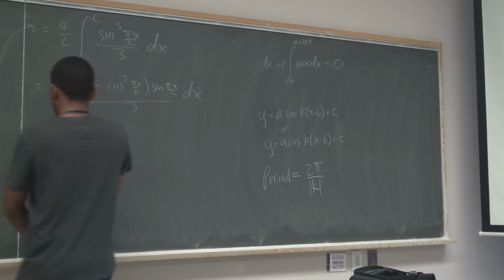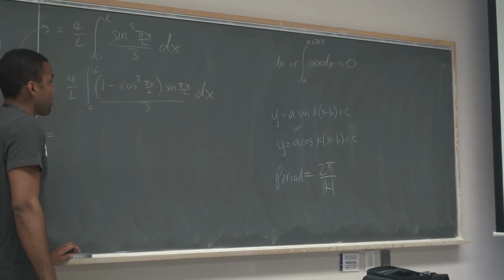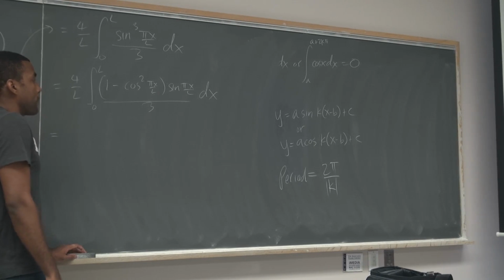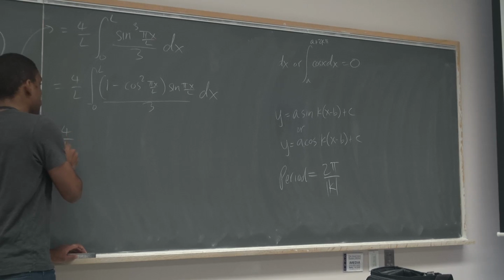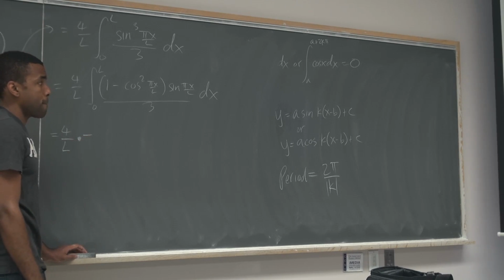And then we do a substitution, right? So u is going to be what? Cosine pi x over L. So my du would be? Negative sine pi x over L.